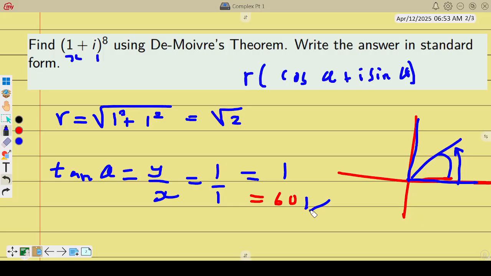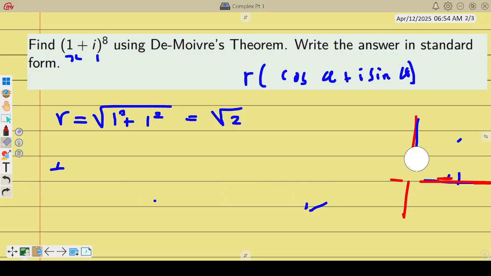But if it is somewhere here, there, or there, we have to read from the positive x-axis. So our angle is 45.